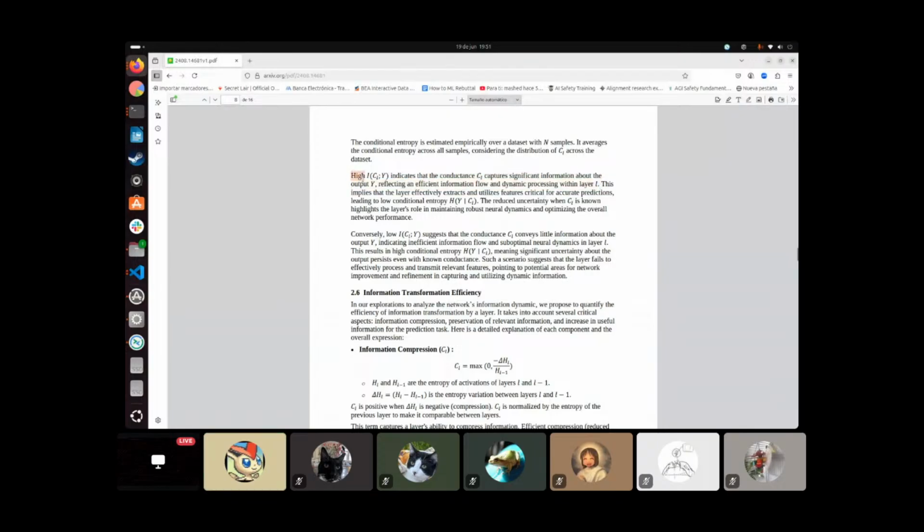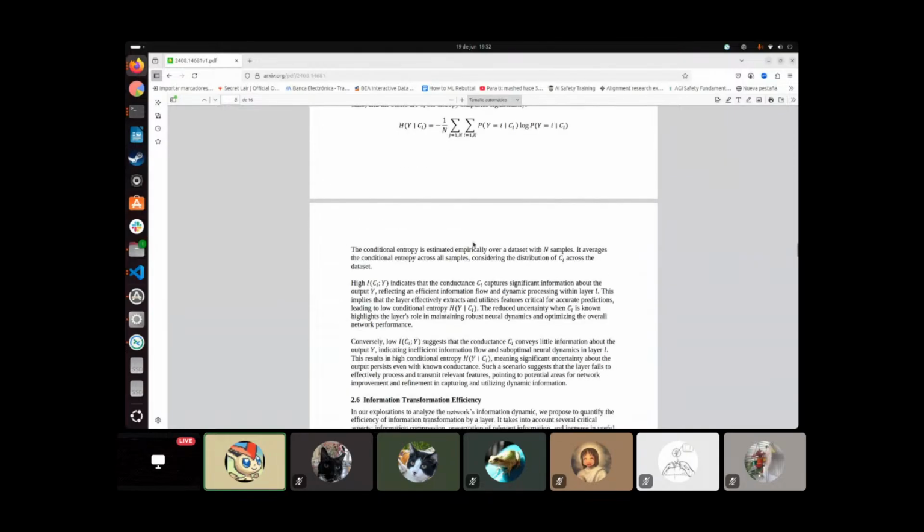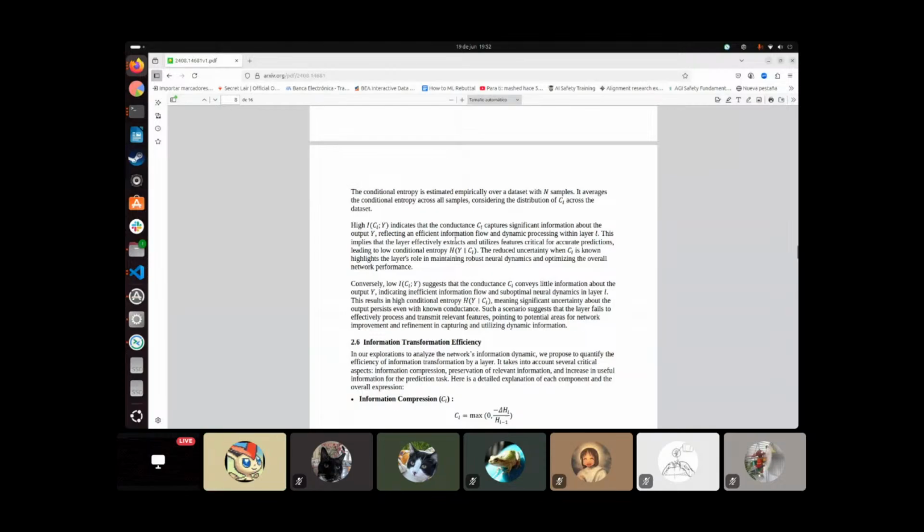I mean, yeah, this is just obviously high mutual information between C and Y means that C has information about Y. We don't need a lot of math to know that.